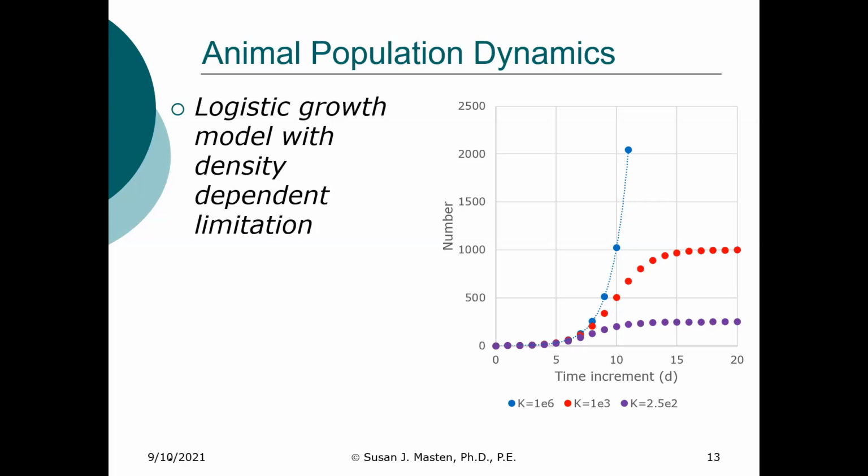And as the number of organisms approaches that carrying capacity, the rate decreases. So here, the change in the number of organisms is equal to the rate times the number of organisms times K minus N over K. And K is the carrying capacity.